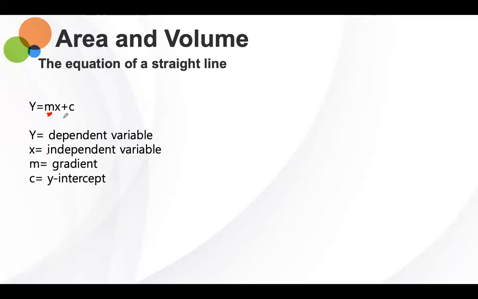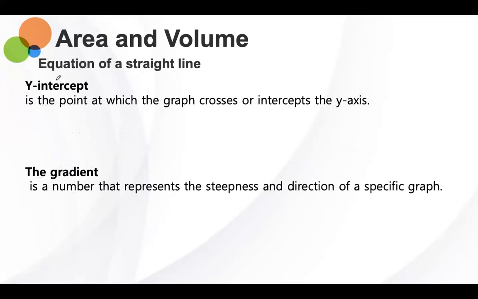So we now move on to the gradient. We have the gradient here and we have the y-intercept. We'll try to explain these. Firstly, the y-intercept is the point at which the graph crosses or intercepts the y-axis. So we'll show this now.